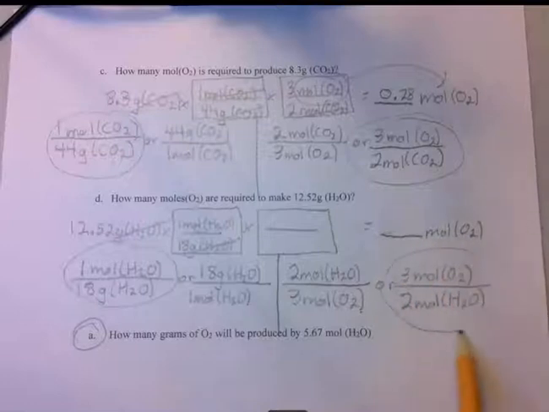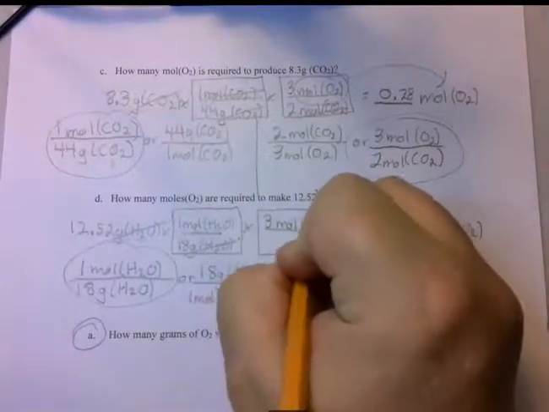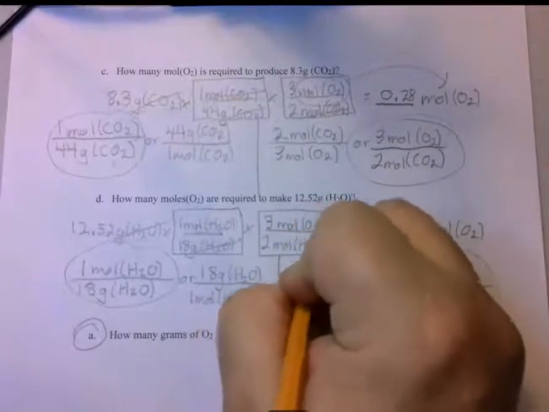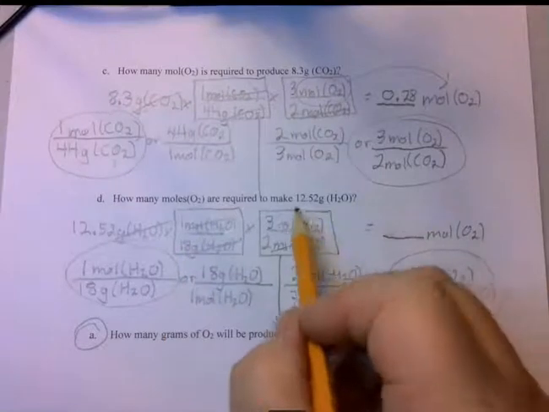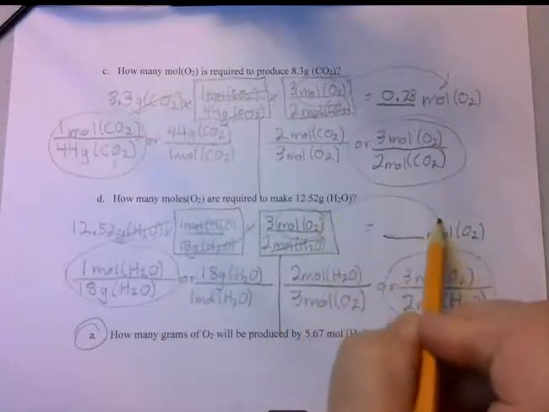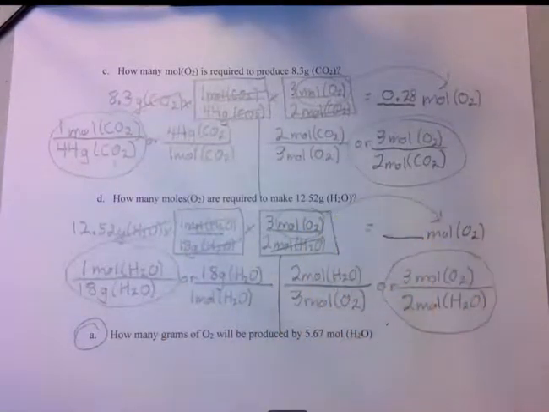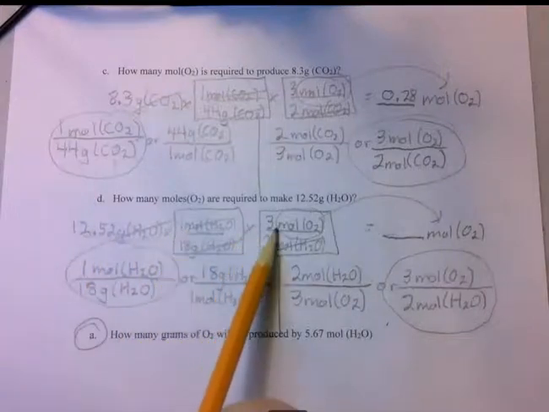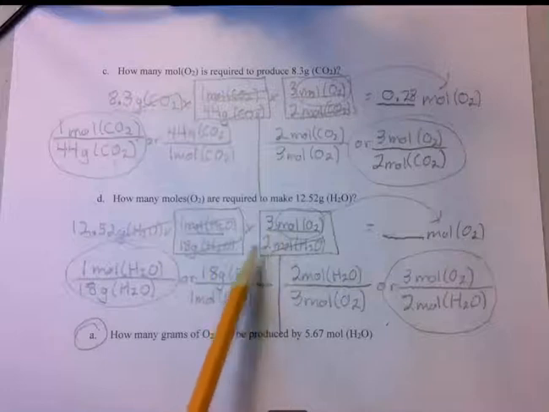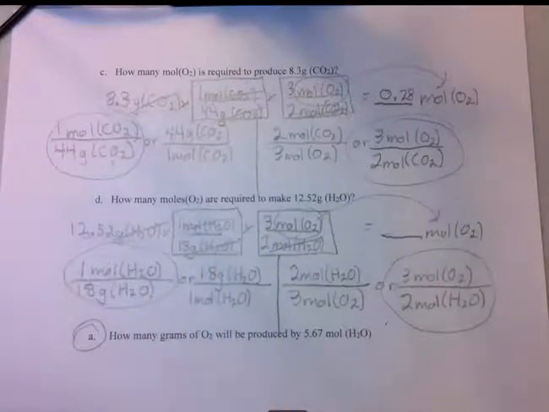So that's going to be this one. Okay, so moles of H2O cancels moles of H2O. The last man standing is moles of O2, which is what you want because that's the one in your final answer. Now you multiply 12.52 times 1 times 3 divided by 2 divided by 18. And that will give you your final answer.